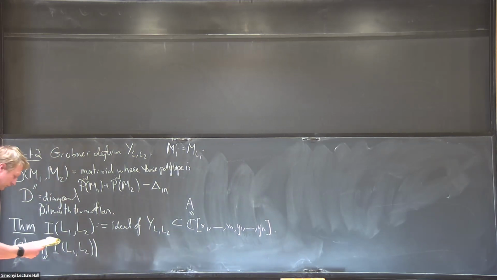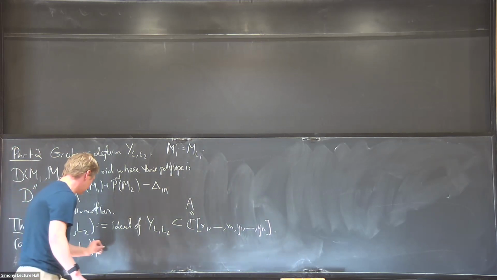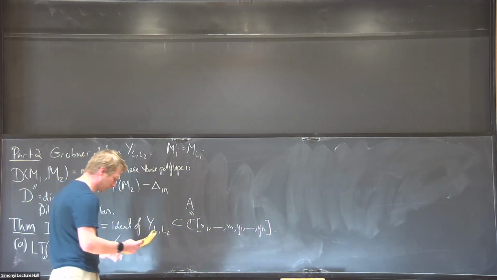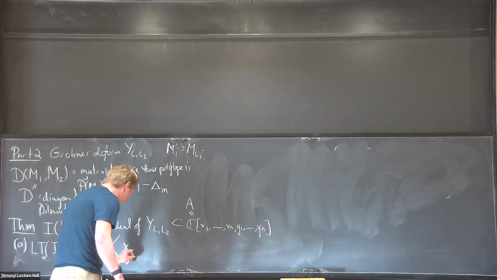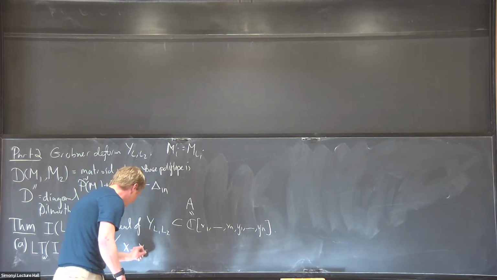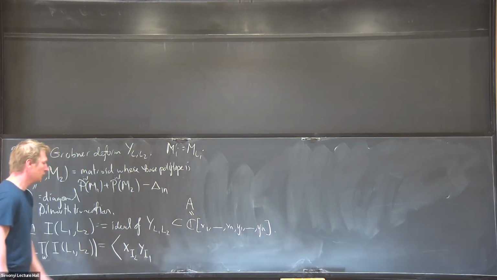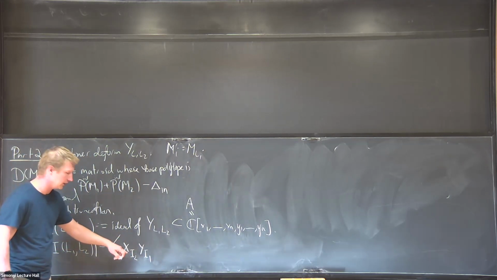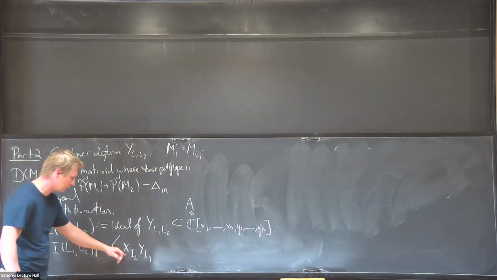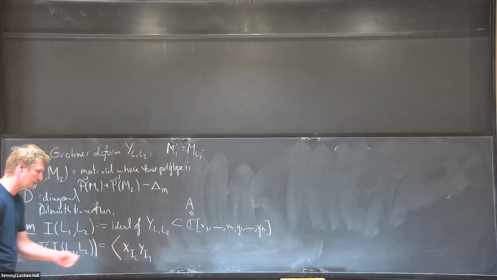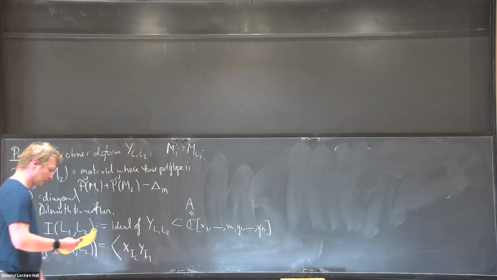This is going to be the ideal generated by x sub I2, y sub I1. These are square-free monomials, so you multiply the monomials corresponding to the elements in a particular subset.